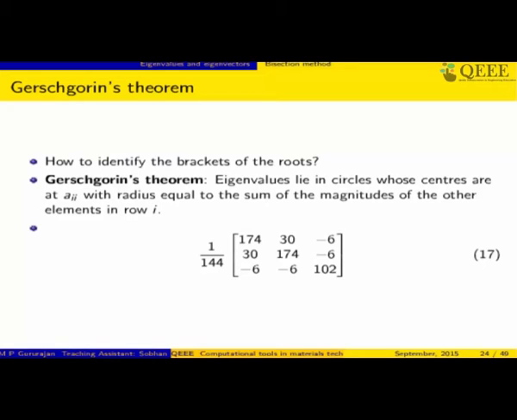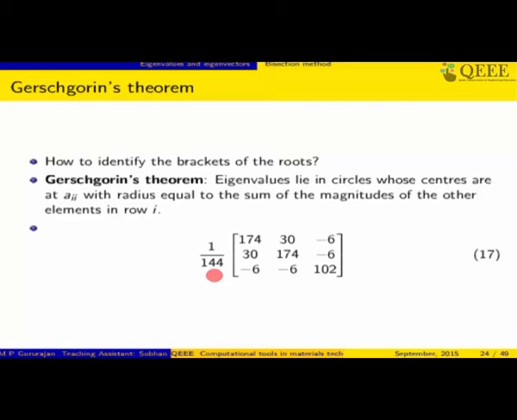You need to identify the three centers, which are basically the diagonal points, and then the radii. The radius is basically the sum of the other elements in the row, but wherever it's negative, please only take the magnitude. So it is 174 plus 36 divided by 144, things like that.